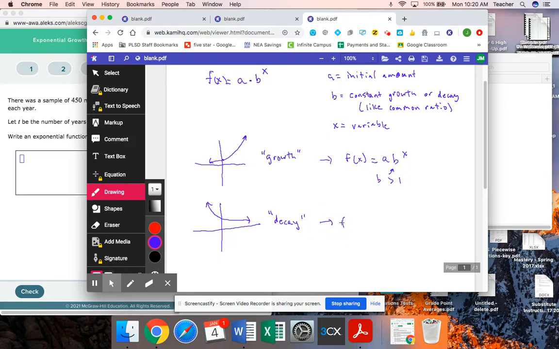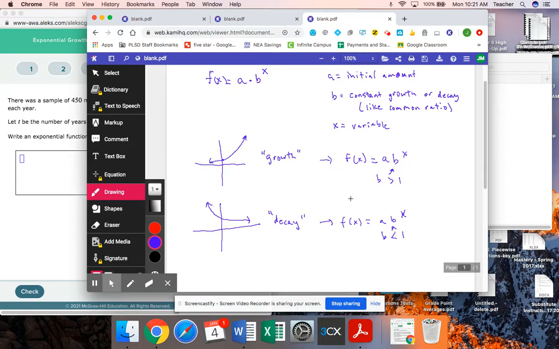This one will have the same format, of course, because that's what all exponentials look like, but the b will be less than 1. So the way that you can tell if something is an exponential growth or an exponential decay situation is by looking at the b.